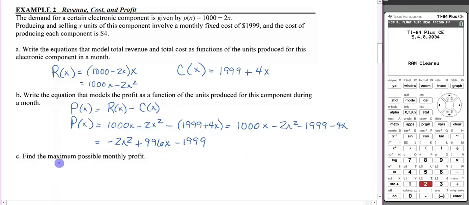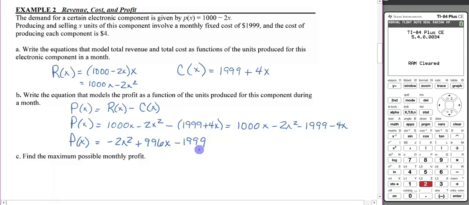Now we want to find the maximum possible monthly profit. Think about how this is attainable. Look at the profit function. Our profit function, P of x, is negative 2x squared plus 996x minus 1,999.